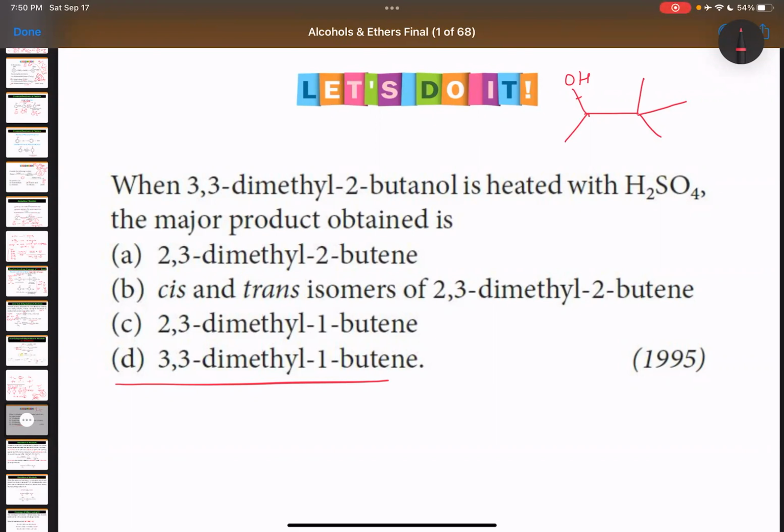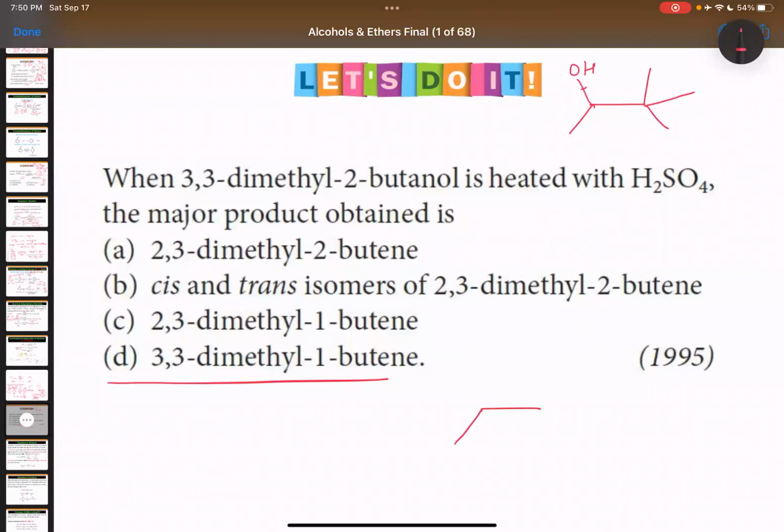What's going to be the answer to this one? It's option C, 2,3-dimethylbut-1-ene. Again, you made one mistake, though you made the rearrangement.